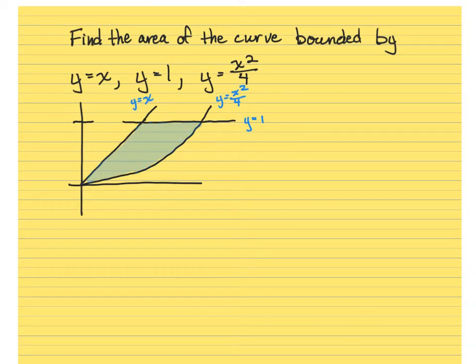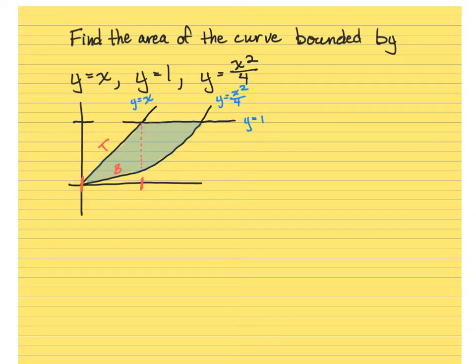Now, no big deal. These are all functions of x, and so we should just be able to do top minus bottom. But here's the thing, and this is what you want to watch out for, and this is why you need to graph it. You wouldn't notice this without graphing it. When I consider top minus bottom, from here to about here, this is the top and this is the bottom, right?